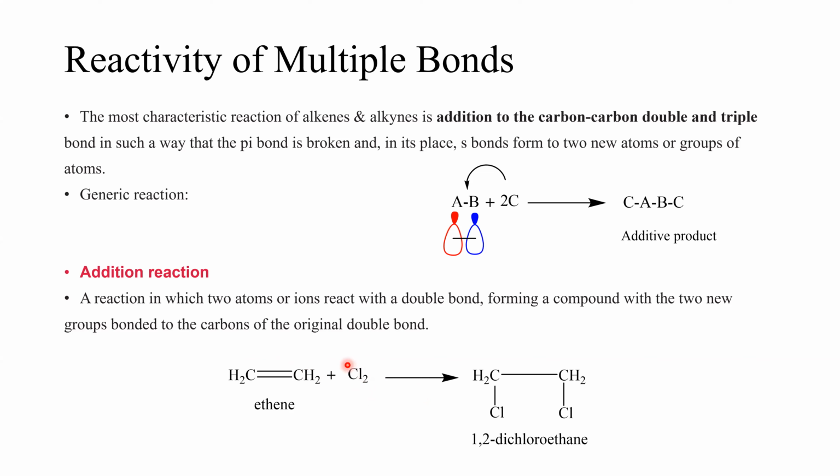One electron is shared by this Cl, and one electron is shared by this C, and this results in a sigma bond, right? The same happens with the other carbon. So let me explain what homogeneous and heterogeneous cleavage mean, right?